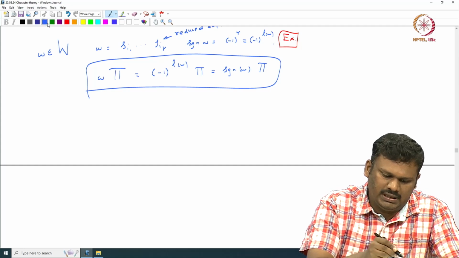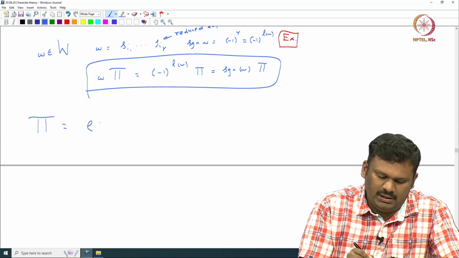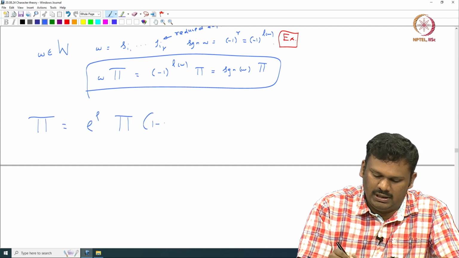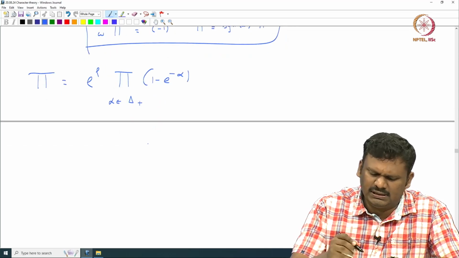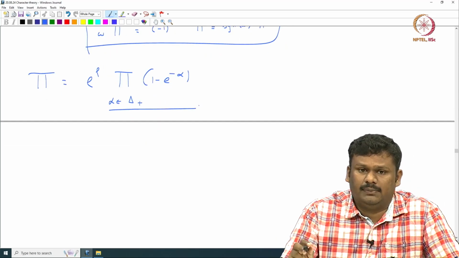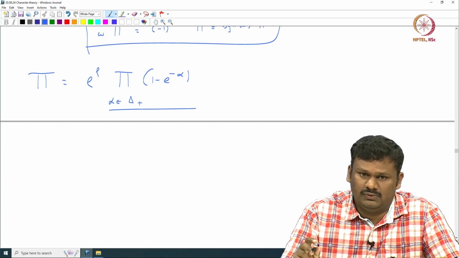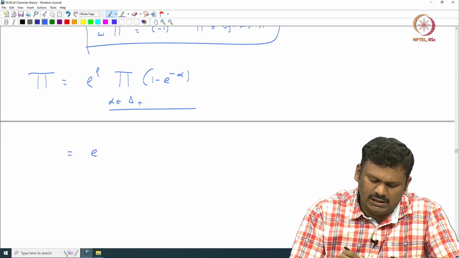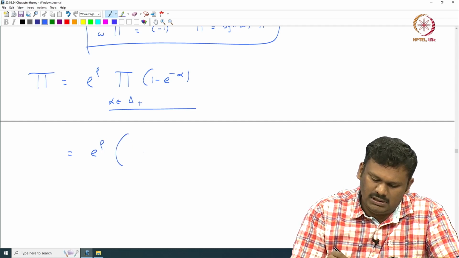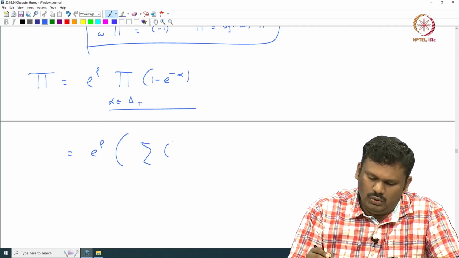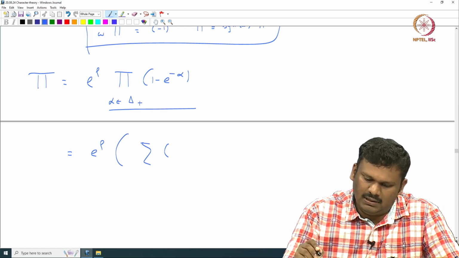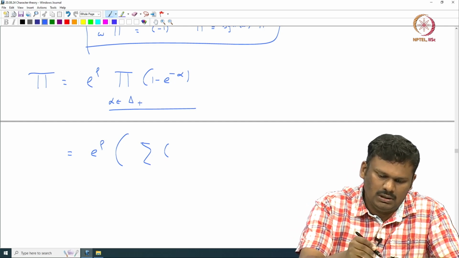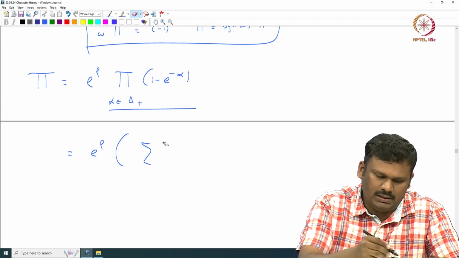So, now let us straight away look at pi. So, pi is nothing but e power rho times product of 1 minus e power minus alpha, alpha in delta plus. Because this is just a product over delta plus of 1 minus e power minus alpha, if you think about it, this is just e power rho times a summation. So, you run it over all possible e power minus summation alpha, alpha in omega. Okay. So, maybe let me write it here.